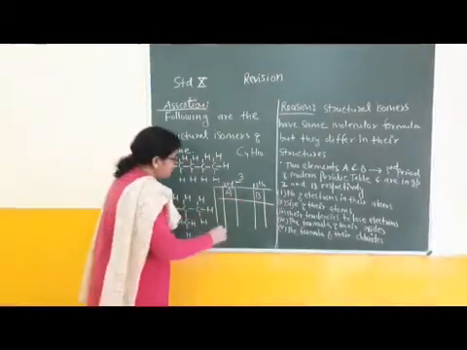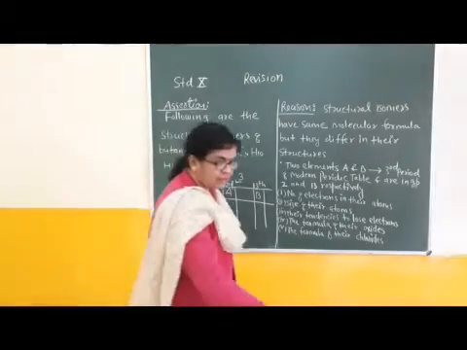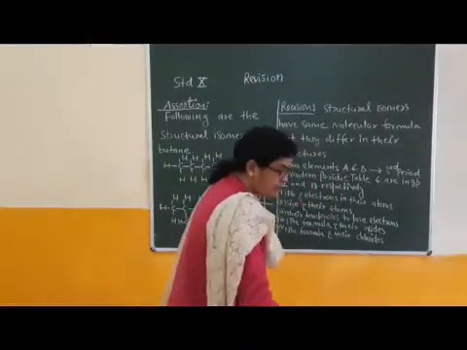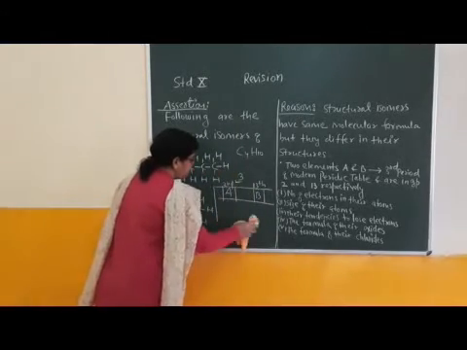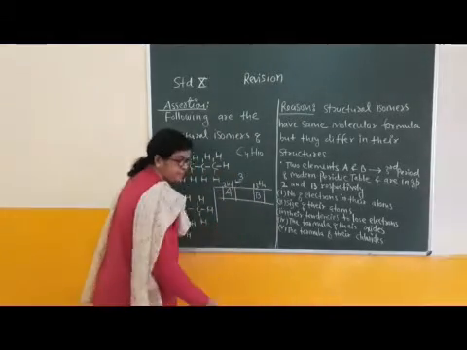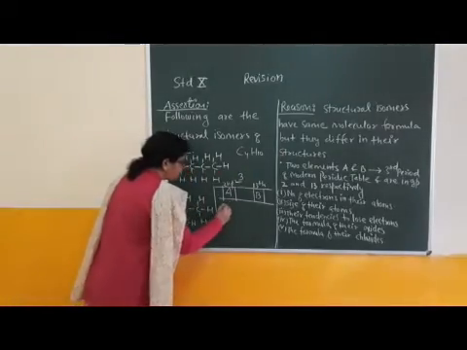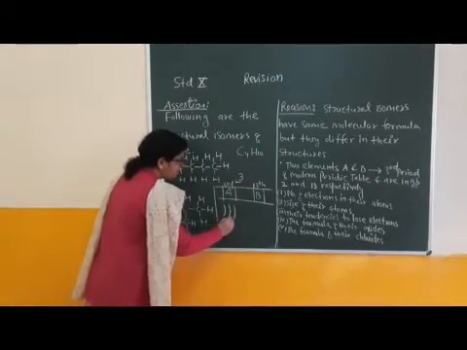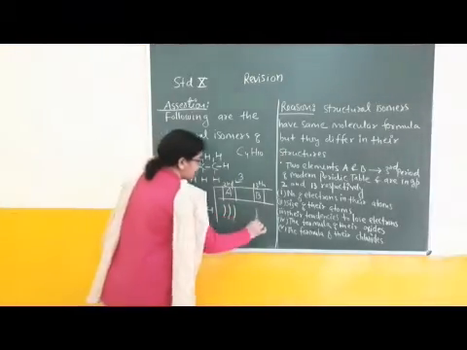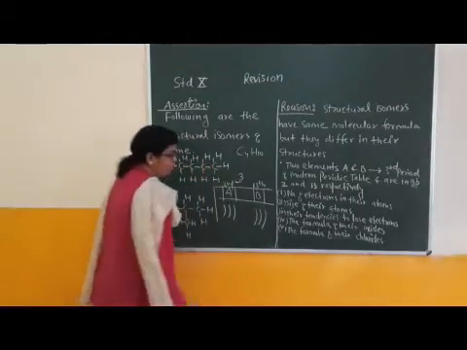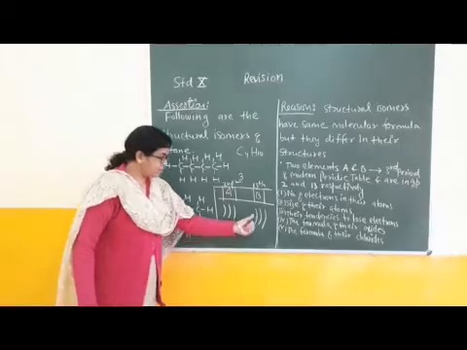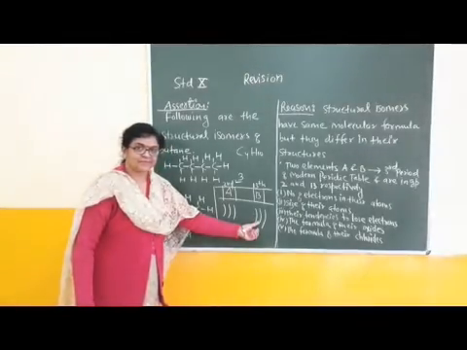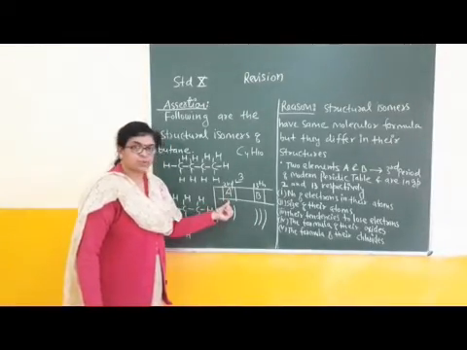Third period, it means how many shells or orbits are present? 3 orbits. Only this part is required. Third period. Here how many orbits are present? 3. In this case also 3 shells or 3 orbits, which are K, L, M. Here group number is 2.